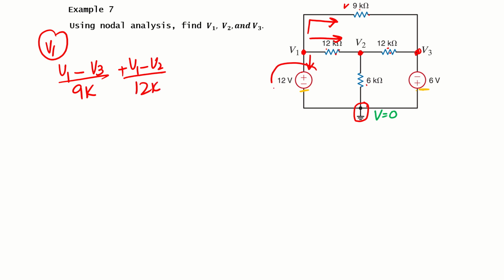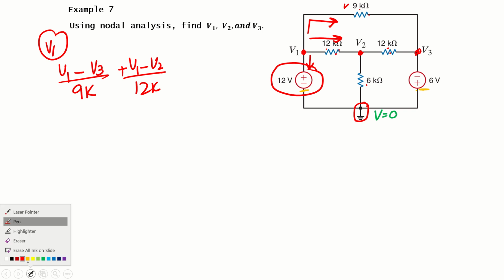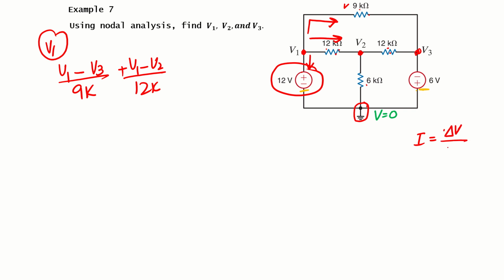Then comes the current through this 12 volt source. Is this value given? Not given. The current is always the difference of nodal voltages divided by the value of the resistance, the typical way of writing a current as per Ohm's law, or we can write it if we have a dependent current source. But here we have an independent voltage source.